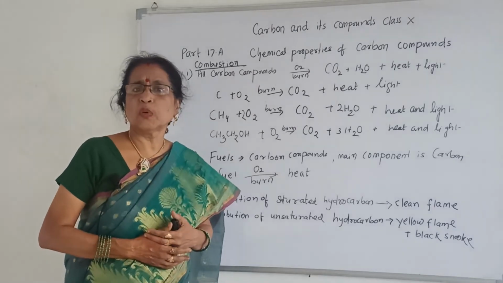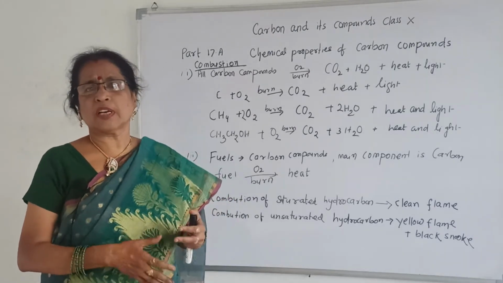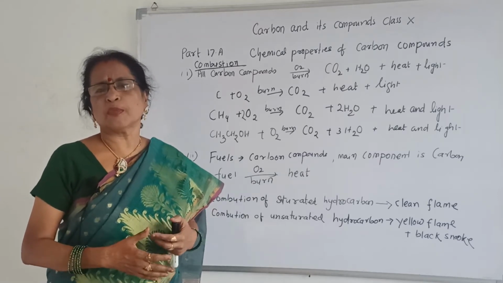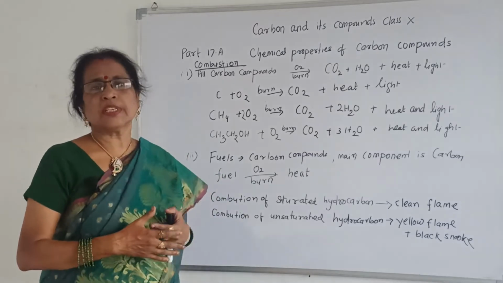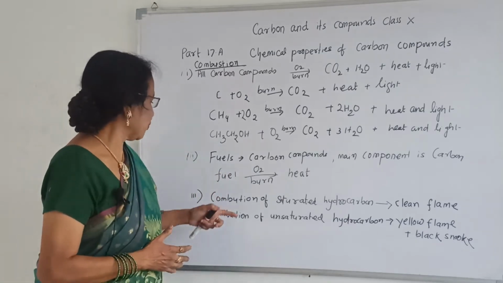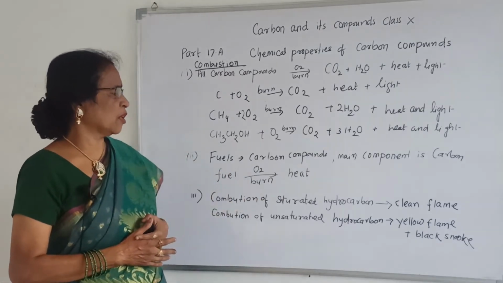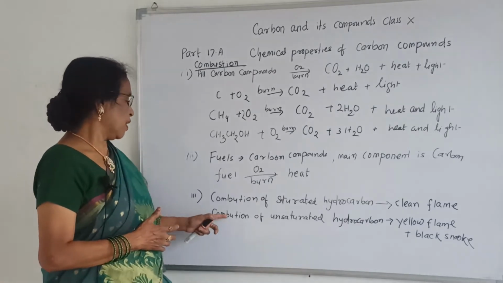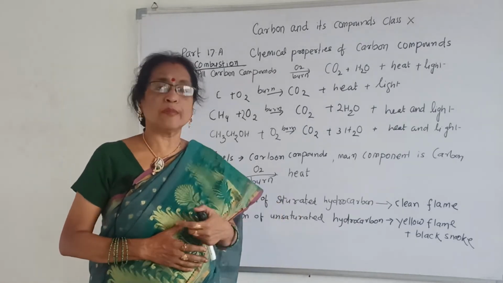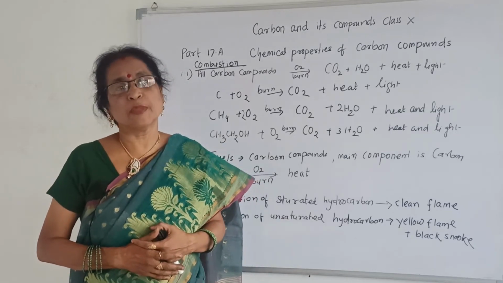Similarly, there are two types of compounds, saturated and unsaturated. Saturated means single bonds, unsaturated means double and triple bonds. Saturated compounds are not so reactive, whereas unsaturated compounds are reactive. Combustion of saturated hydrocarbons gives a clean flame, whereas combustion of unsaturated hydrocarbons gives a yellow flame with black smoke. What is the meaning?